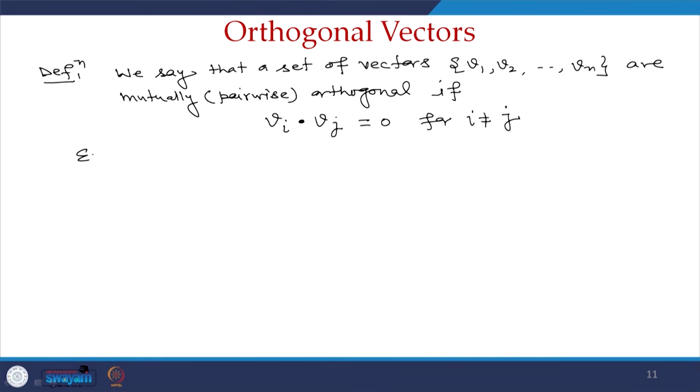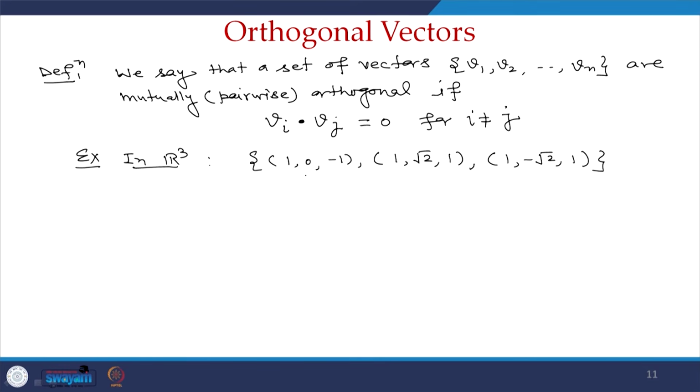So, for example, in R3 you take a set of vectors: (1, 0, -1), then (1, root 2, 1), and then (1, -root 2, 1).